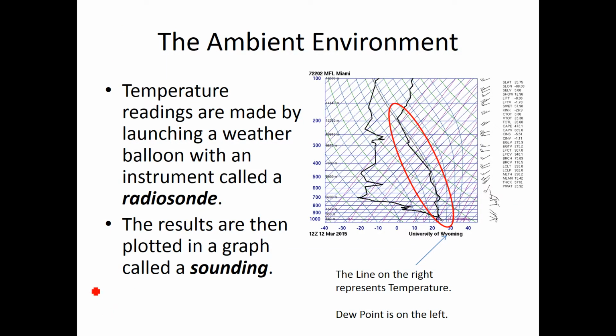But what it shows you is how air temperature, that's this black line on the right, changes with height. Whenever you see it decreasing like this, that means it's getting colder with height. Whenever you see it traveling to the right like this, that's increasing with height. So we can look at these to determine the ambient temperature of the atmosphere.